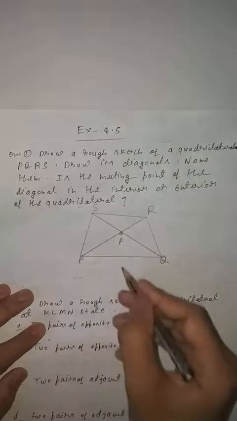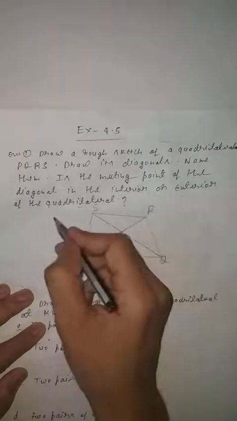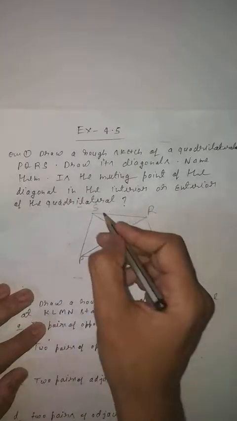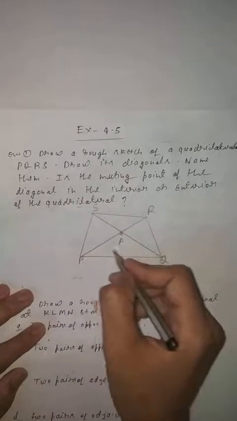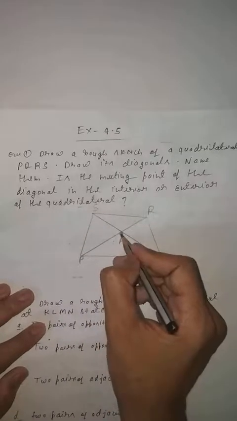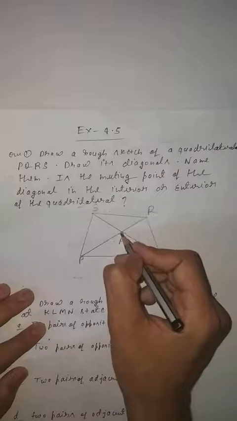I am giving A. Is the meeting point of the diagonals in the exterior or interior of the quadrilateral? Interior means inside, and exterior means outside. So A is the meeting point of both diagonals. Does it lie in the exterior or interior?